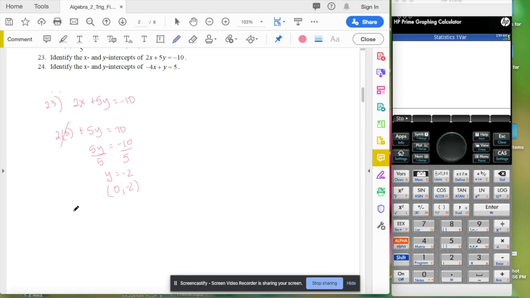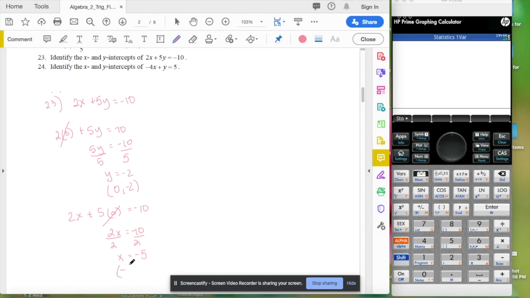Then we do the same thing for the x-intercept. Notice how I'm plugging in 0 for y this time. That will cancel out, and I'm going to have 2x equals -10. Divide by 2, divide by 2. x equals -5.